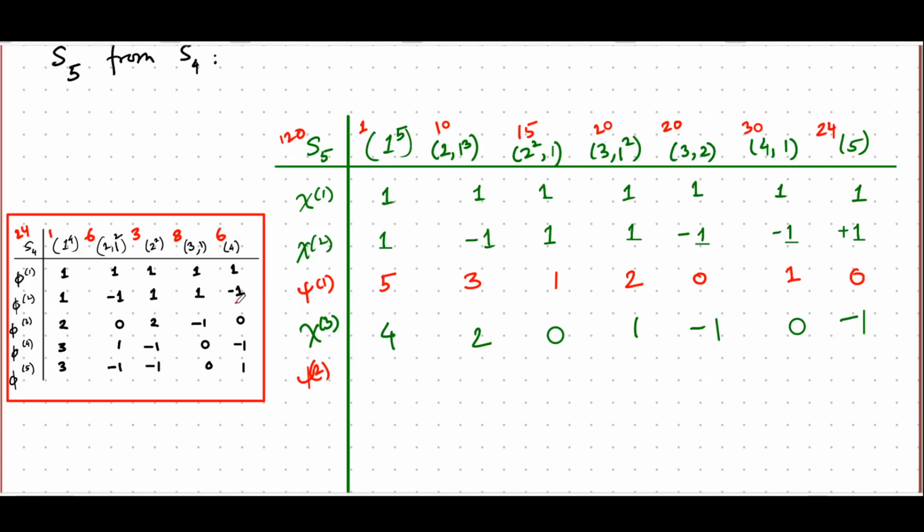These two classes, when you get them from the superclasses out here, of course you get 2 1 square only from 2 1 cube, and you get 4, which has minus 1, only from 4 1. So for these two, 2 1 cube and 4 1, the character is going to change sign between psi 1 and psi 2. So you are going to get 5 minus 3, 1, 2, 0, minus 1, 0.